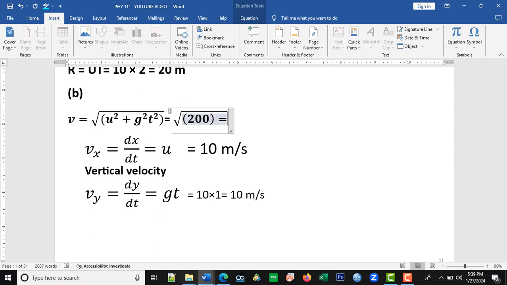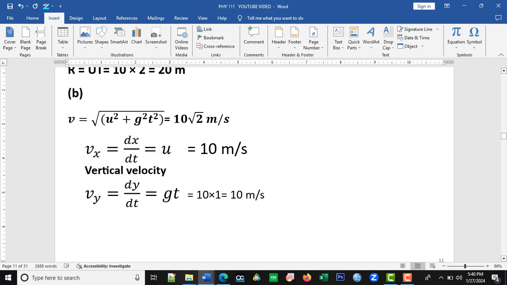So we will now have the velocity to be 10 root 2. You can as well use your calculator to simplify it, and whatever it gives you becomes the velocity. But I intend to use the short form.